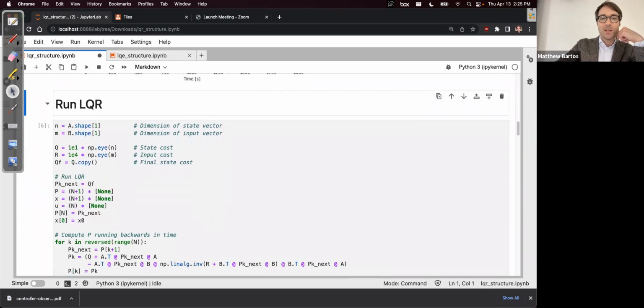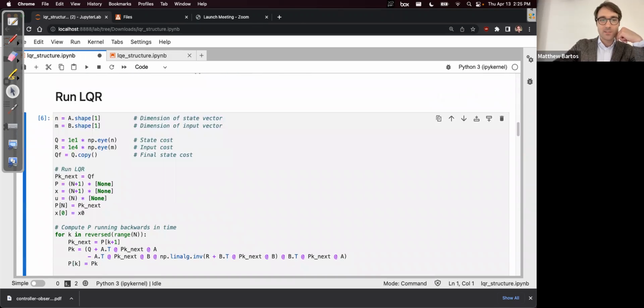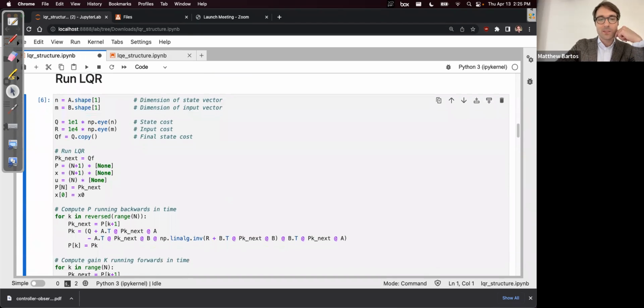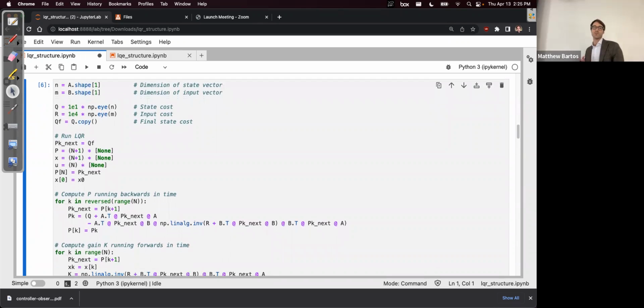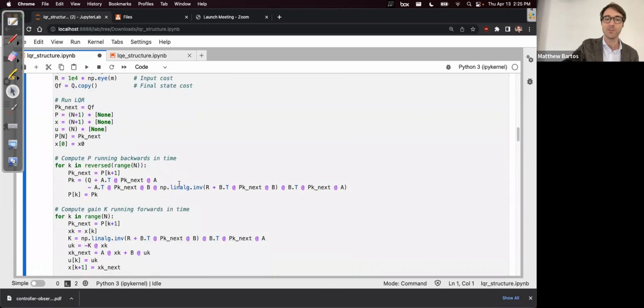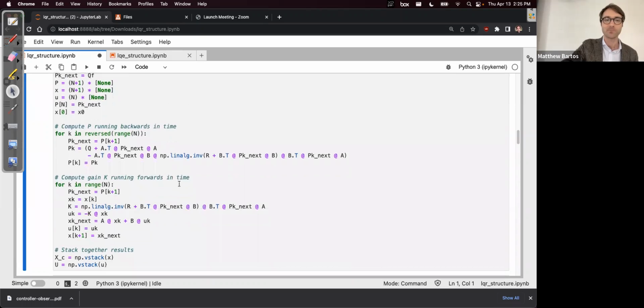We can compute the homogeneous response for the uncontrolled system, and it should look something like this. And then here I've implemented LQR. So this is the LQR algorithm. Essentially what we do is first, starting at the initial state, we go forward in time and compute those cost matrices going forward in time. And then we go backward in time using that recurrence relation that I gave you.